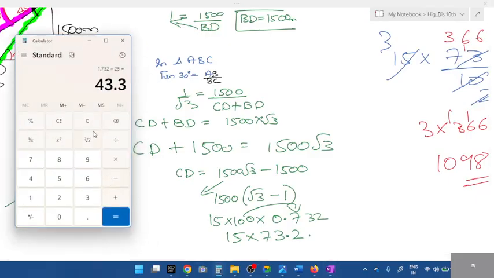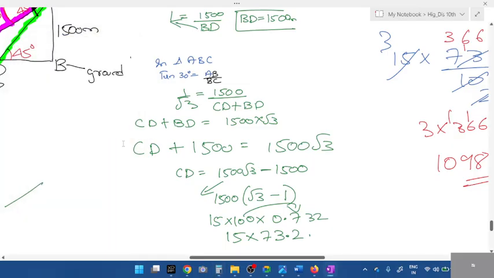See, if I use the calculator here, 1500 into 1.732 is 2598, minus 1500. 1098 is the answer. 1098 meters. Let me check. Yes, 1098 meters is the answer, students.